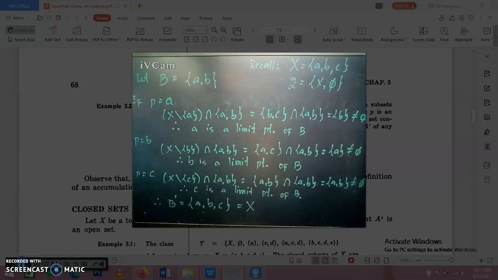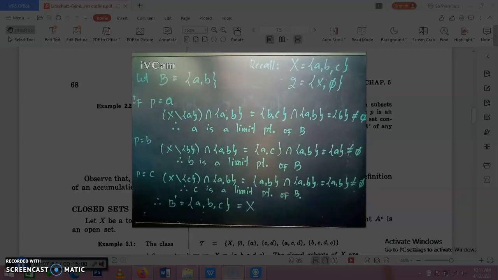Now, let's have another example. Let us consider the set B, with elements A and B. Let us recall that X is a set with elements A, B, and C, and our topology is the collection of sets X and empty only.